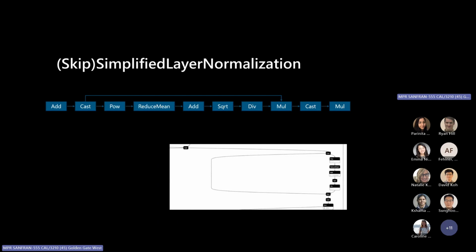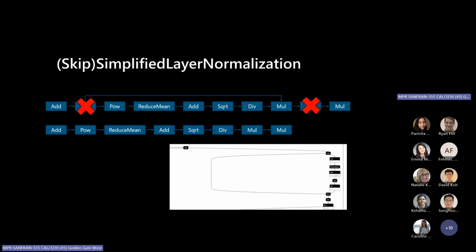What I mean by that is for whatever reason, maybe your input is in float 32, but the exporter doesn't know that. It'll insert a cast node just to be safe to make sure that the input to, say, the POW is guaranteed to be float 32. So the cast is going from float 32 to float 32, which is essentially a pointless operation. So we like to remove these cast nodes firstly.